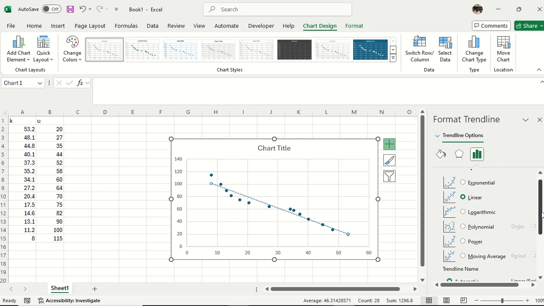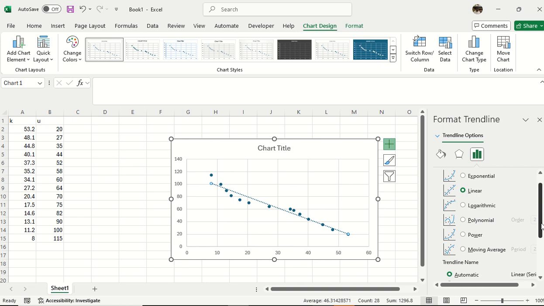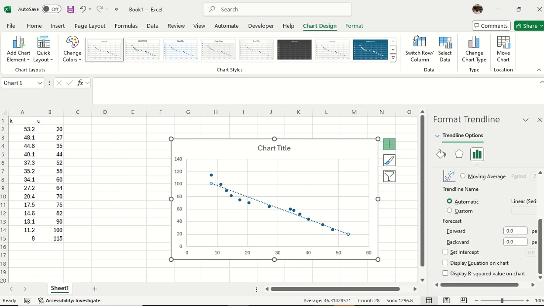Now what do I want? R square and equation. You see both these things are here. So you check these two options, and it will show you the r square and the equation on the graph.